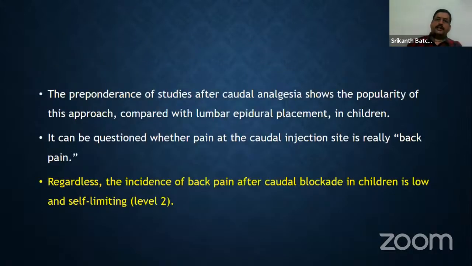The preponderance of studies after caudal analgesia shows the popularity of this approach compared to lumbar epidural placement in children, and it can be questioned whether pain at the caudal injection site is really back pain, as it is quite difficult to elicit and establish back pain in children. Most of them may not be able to point to the exact site of pain. Regardless, the incidence of back pain after caudal blockade in children is low and self-limiting, which is level 2 evidence.